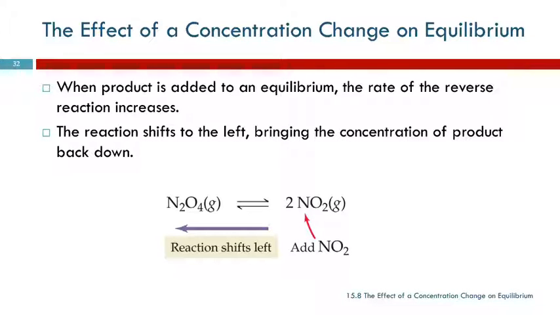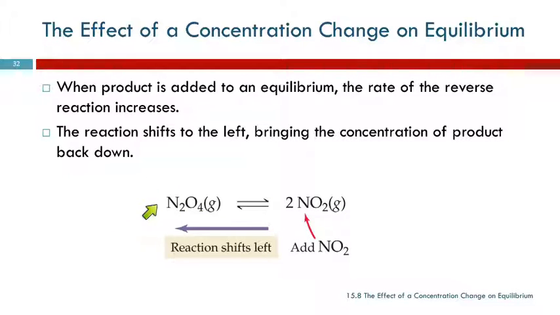So using Le Chatelier's principle, we can look at what's going to happen if we have a concentration change. Here we have a reaction, an equilibrium between N2O4 and NO2. If we've let it come to equilibrium and then we add a bunch of NO2, the reverse reaction is going to increase in its rate, and we'll see a shift to the left.